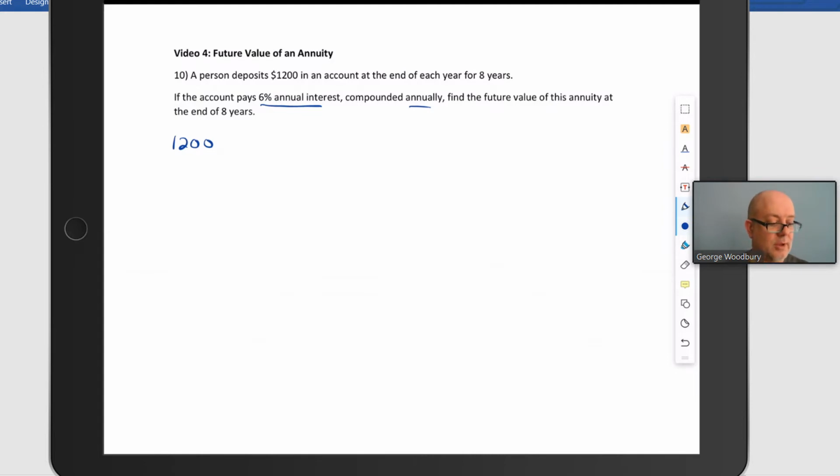That's the same as multiplying by 1.06 raised to the 7th power for the 7 different years. The deposit at the end of the second year earns interest for 6 of those years, and so on, until the last 2 deposits earn interest for the last year and no interest at all for the last one.